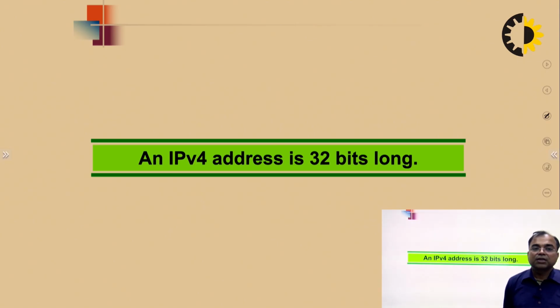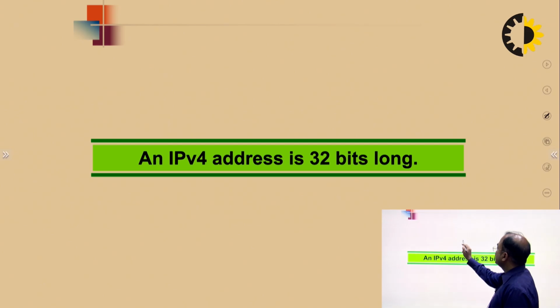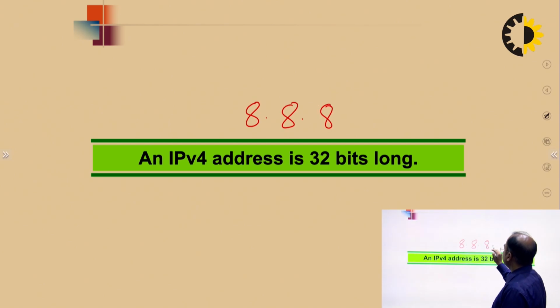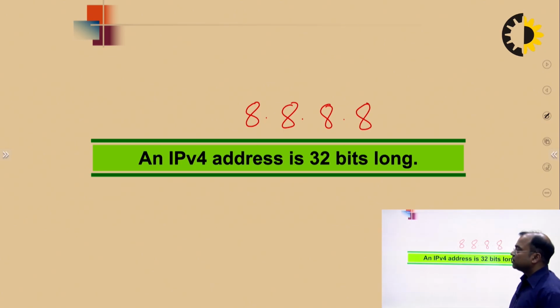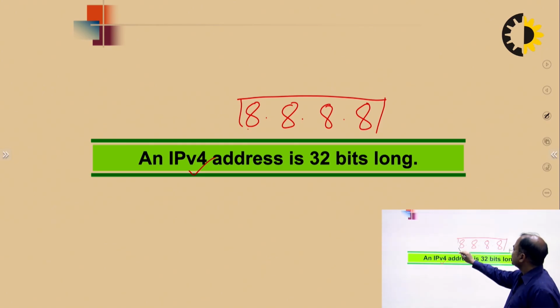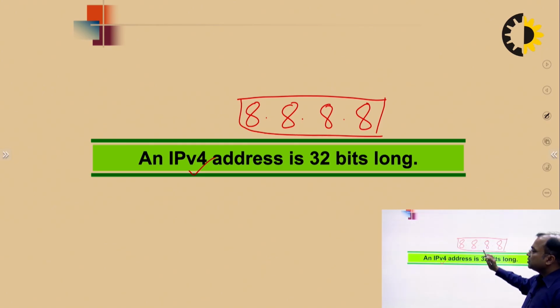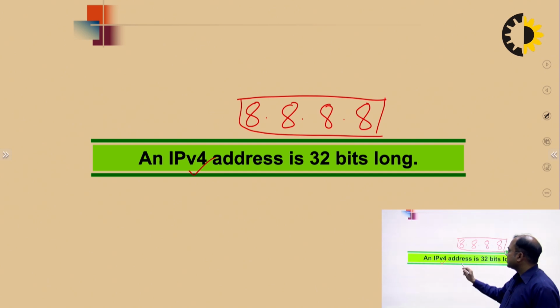So first is your IPv4 address. It is basically a 32-bit address divided into 4 chunks: 8-bit, 8-bit, 8-bit and 8-bit. These are the 32 bits concerned with IPv4, and the IP address is basically written in binary, but we generally see the IP address like this: 192.168.10.11.